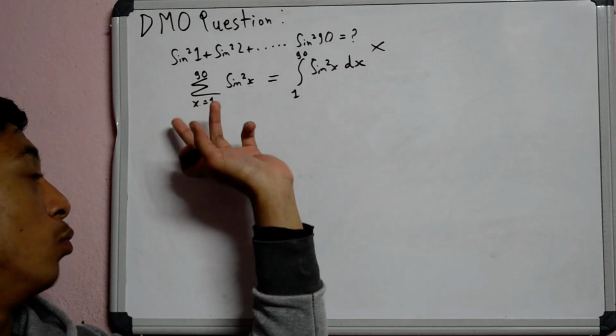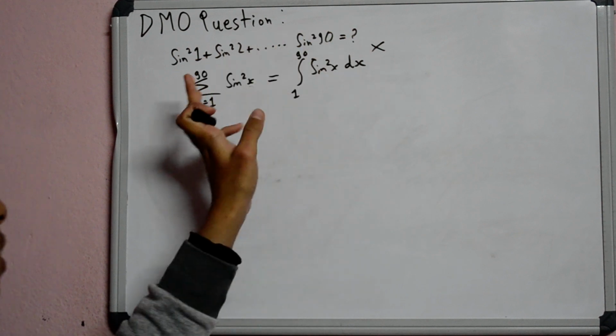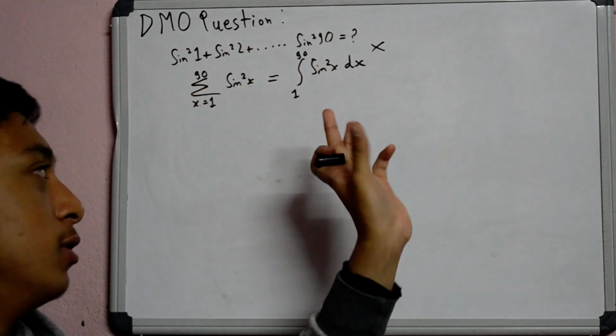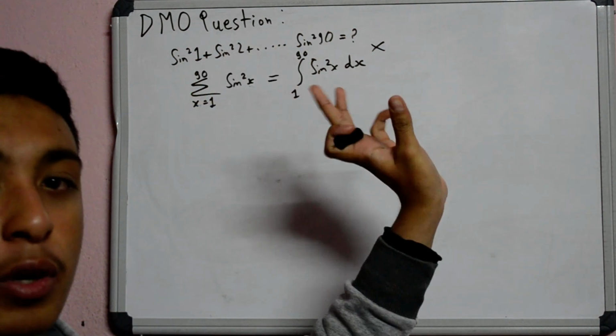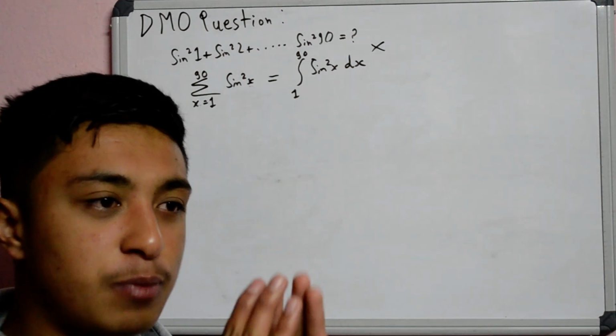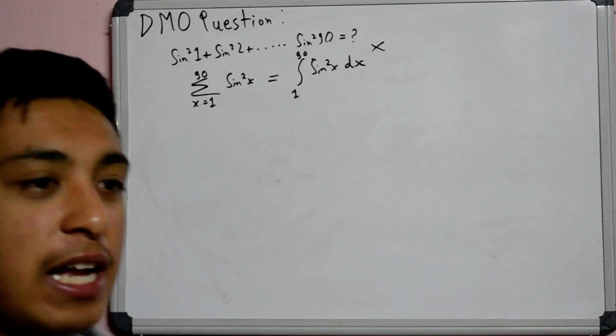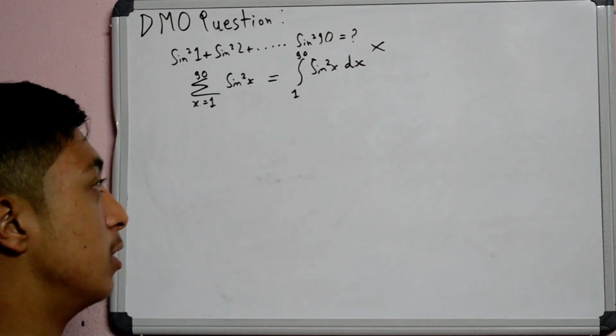Because here, when you go from 1 to 90 for sine square and so on, this works with discrete values, but integration only works with continuous values. This works because dx is so small that the next jump to the number isn't even significant and it acts continuous.